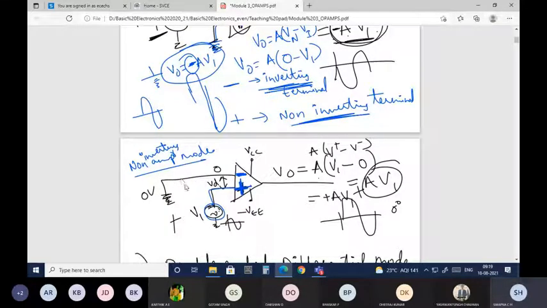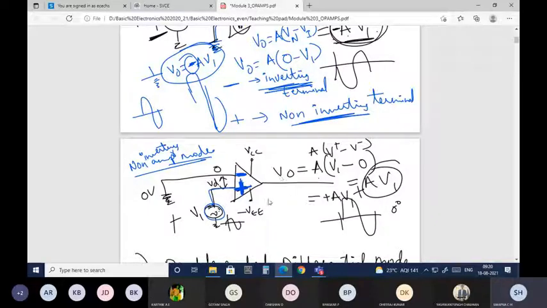Whichever is grounded, the other terminal's mode will be called. So if you observe, the negative terminal, the inverting terminal, is grounded, or you can see it the other way, the non-inverting terminal is provided with some voltage.